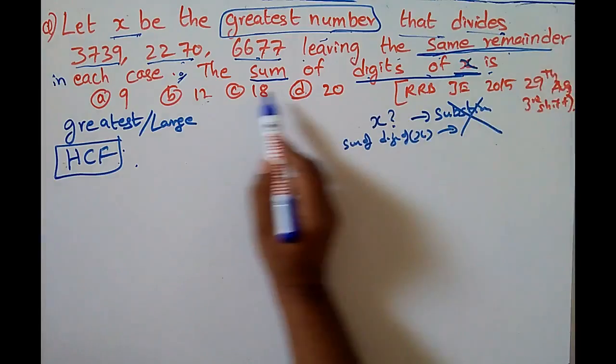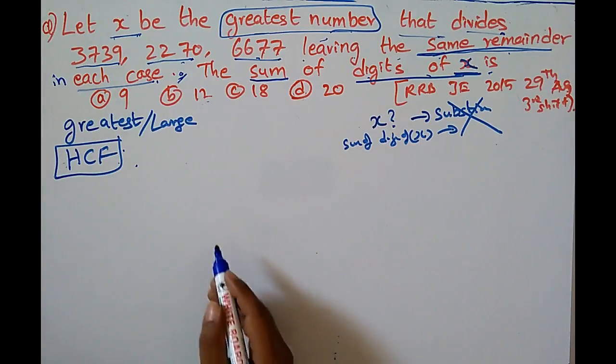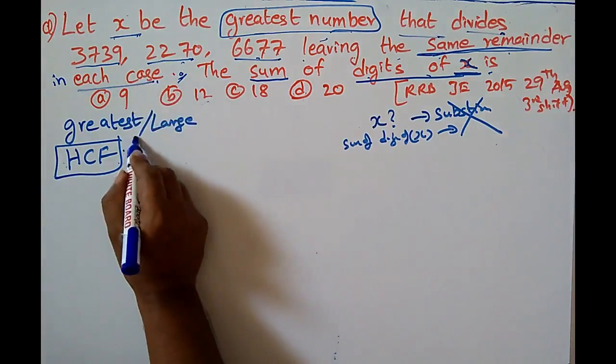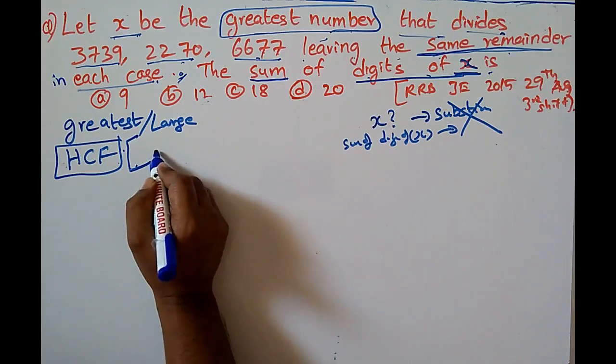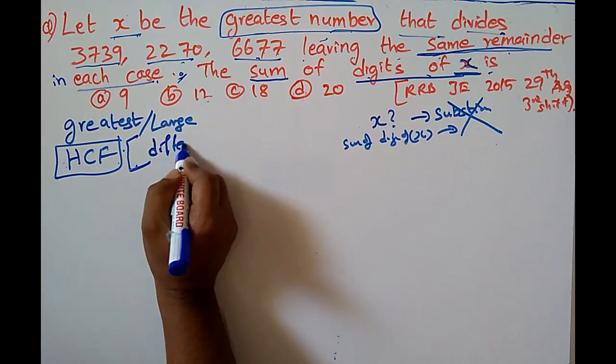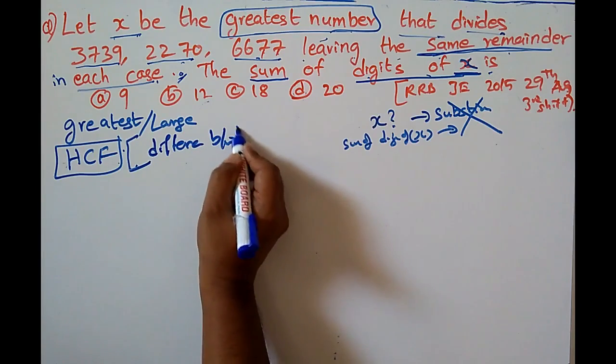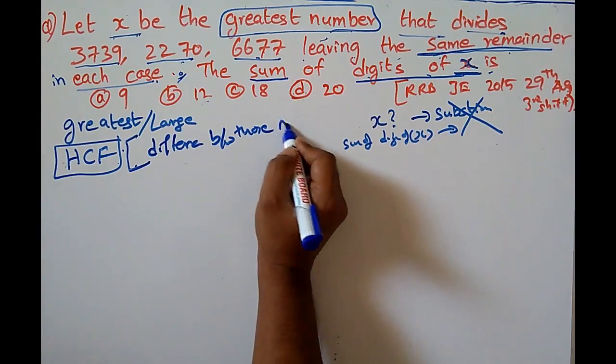Here the remainders are the same in each case. So we can find the HCF of the numbers using the difference between those numbers.